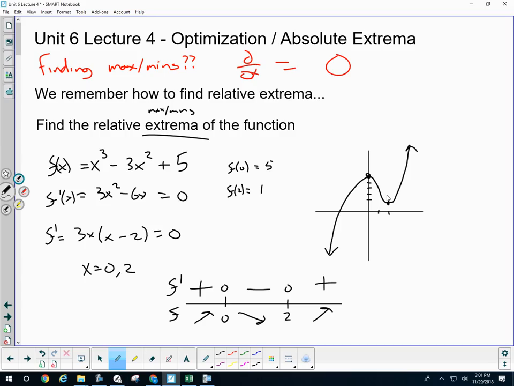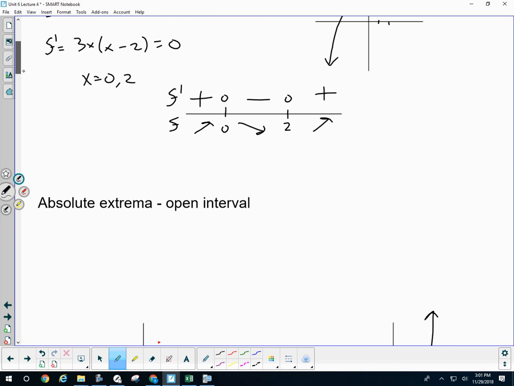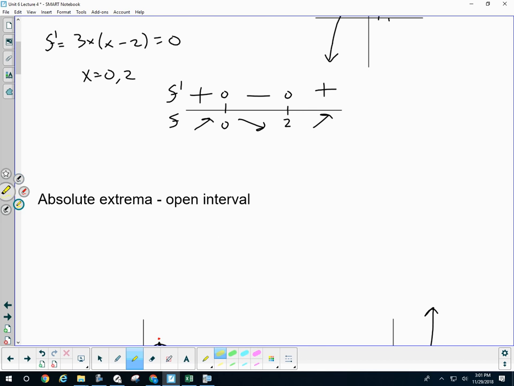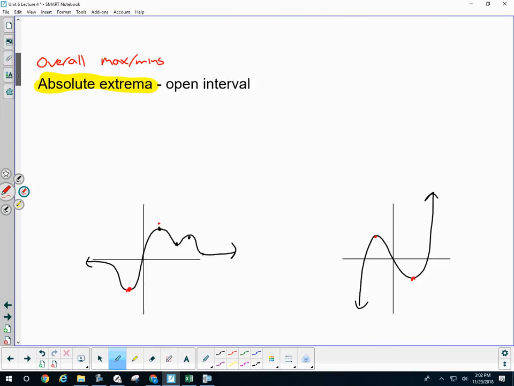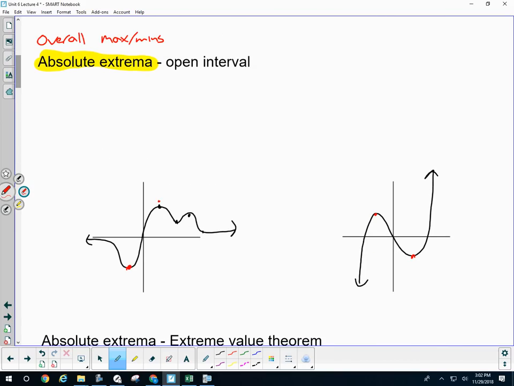The only difference about today is that we are going to focus on absolute maxes and absolute mins. These are called absolute extrema. Absolute extrema means overall maxes and mins. Here we have 2 functions, looking at the overall function.